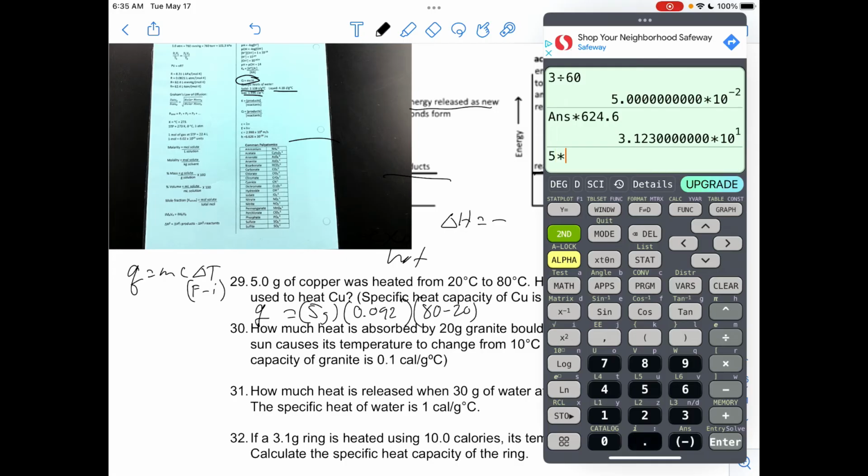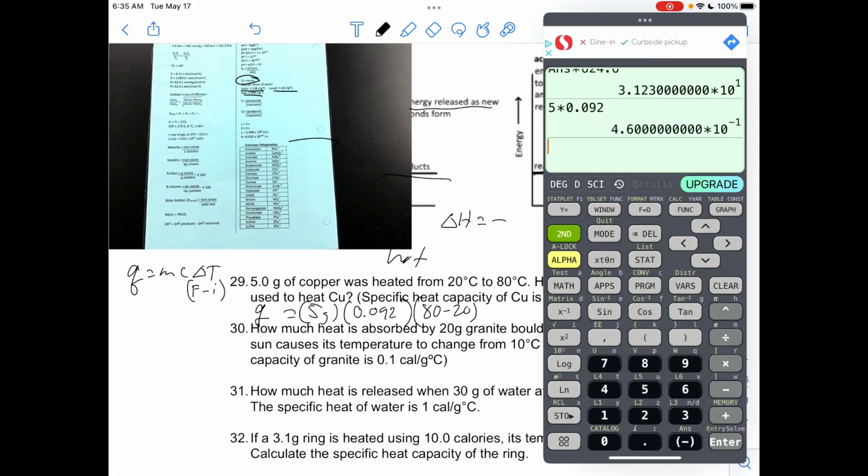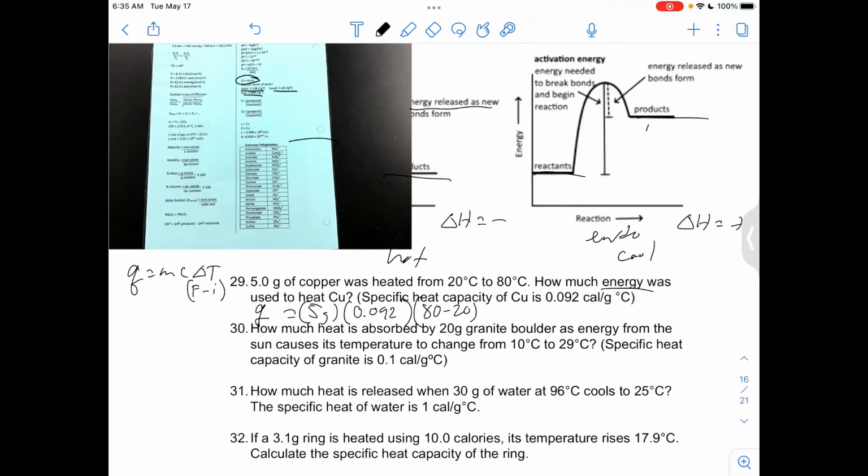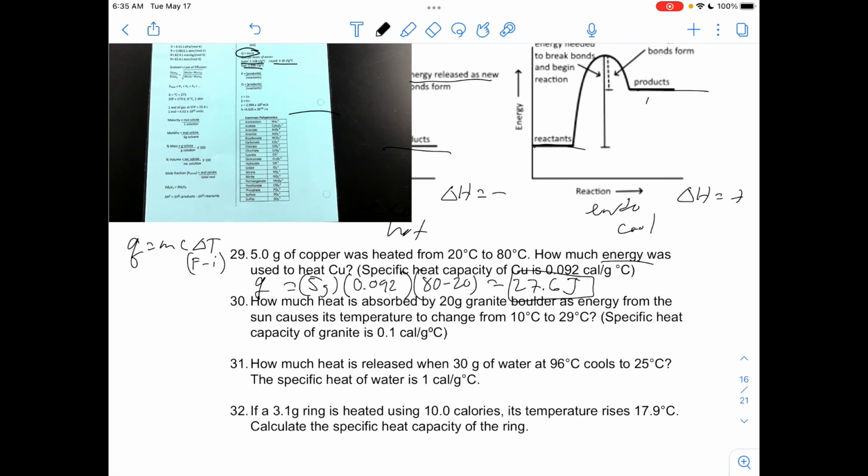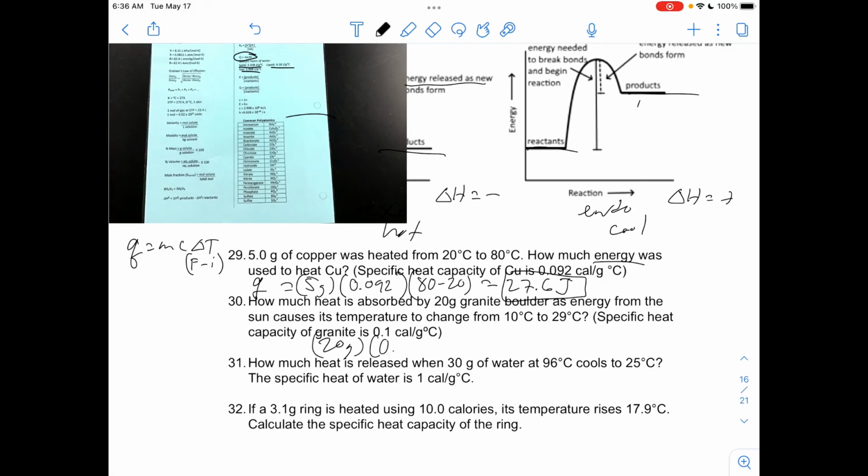So 5 times 0.092 times 80 minus 20. It'd be 27.6 joules. Okay, a 20 gram granite boulder. Granite is 0.1 calories per gram.